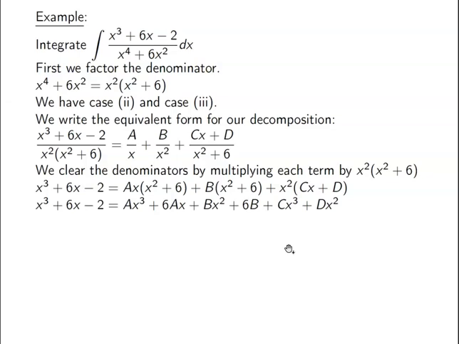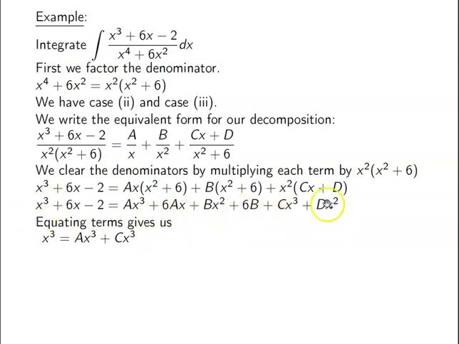Now I am going to equate similar terms, okay? Meaning there's only one x cubed here. There's an a x cubed plus a c x cubed, okay? So x cubed, the only way to equal this x cubed is to add all the x cubes on this side, since they're equal, right?